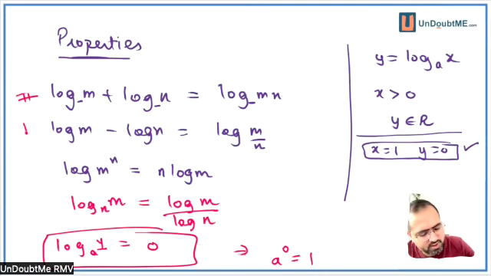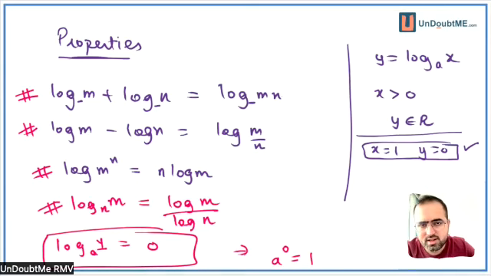So fundamentally, we have these 4 properties. It can be bifurcated into more, but it's not required. Okay, so these are the things which you should have in your mind. I would suggest not to look at the formula booklet for these properties. You should practice enough questions so that these properties are in your mind.